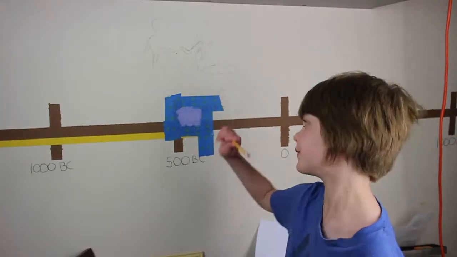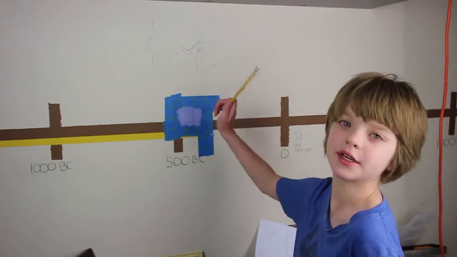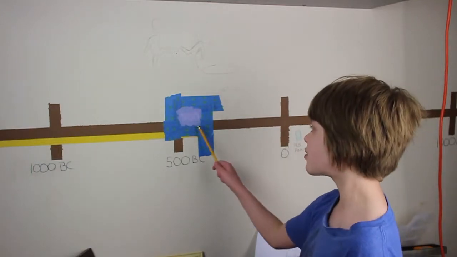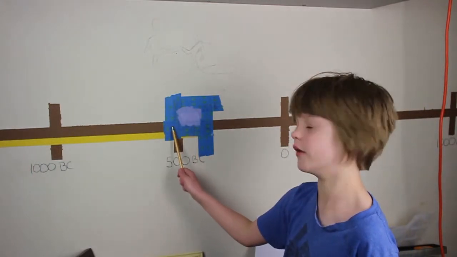And then we're going to outline it in Sharpie, and by then it's probably time to add the second coat of this paint.